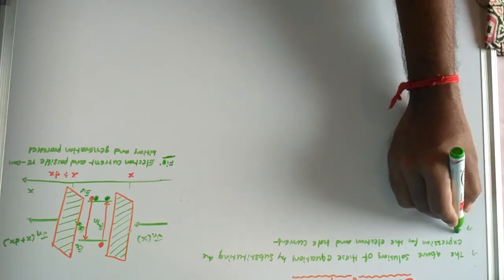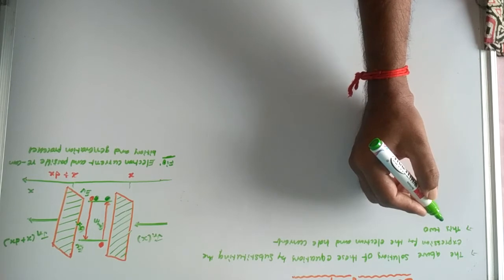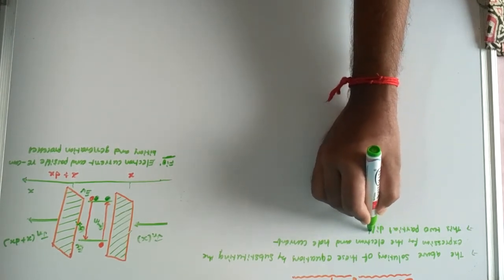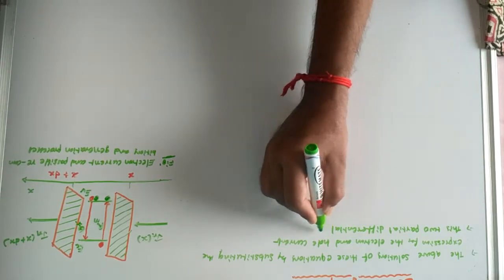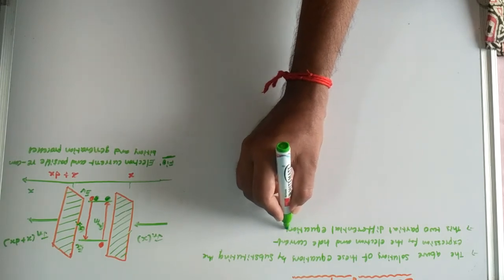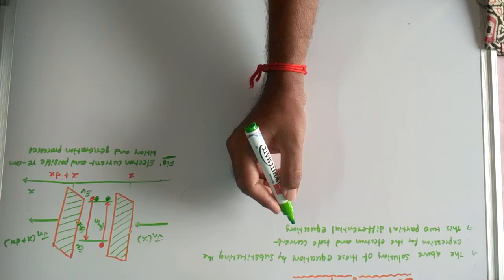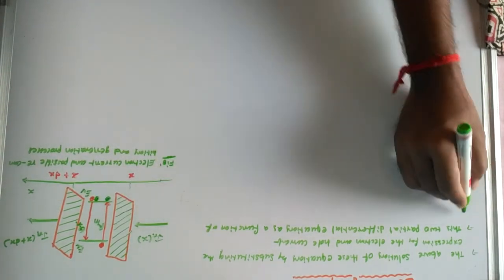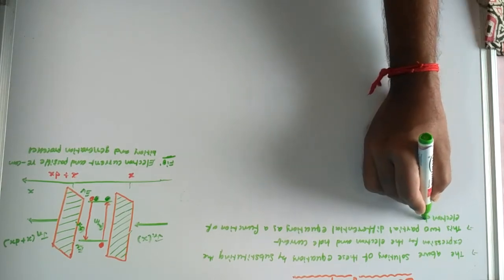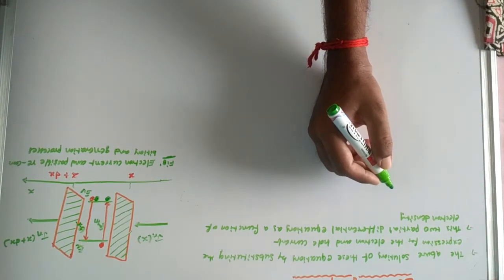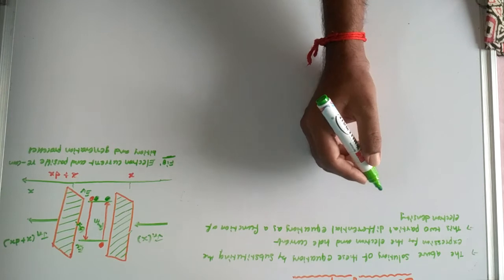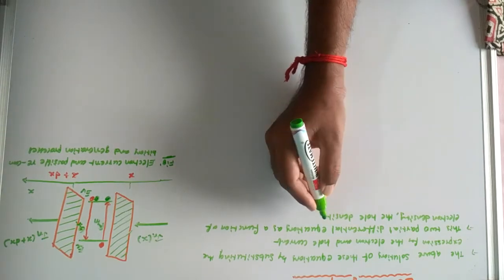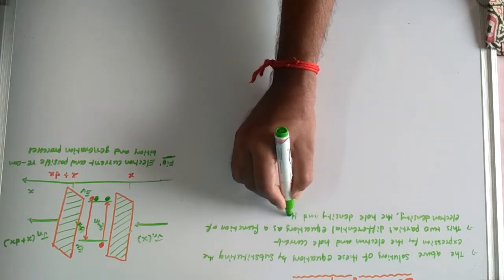These two partial differential equations are functions of the electron density, the hole density and the electric field.